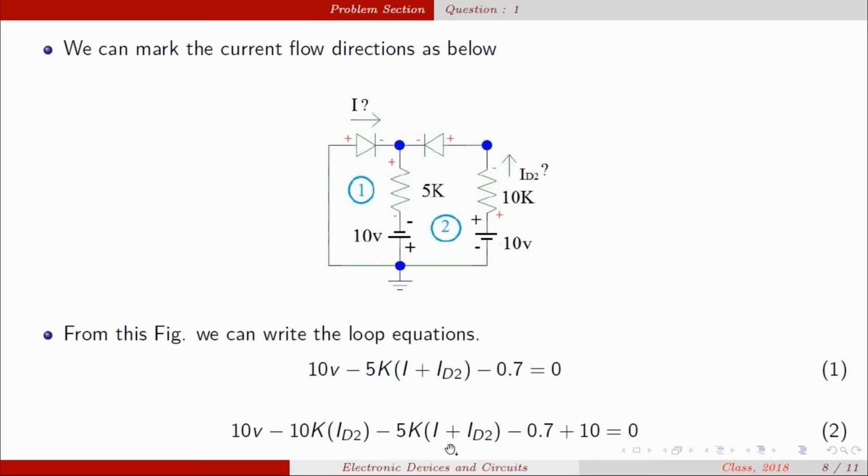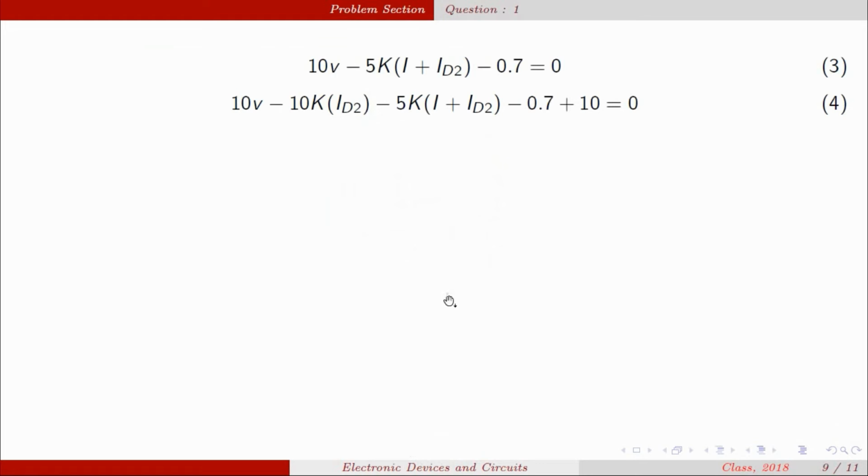Now we are trying to solve these two. Here we can see that 10 volt minus 5k into (I plus ID2) minus 0.7 equal to 0 appears in both equations. These are the two equations we have got.